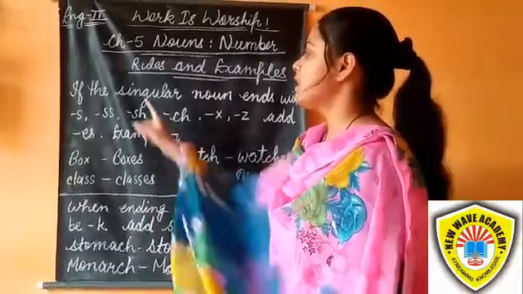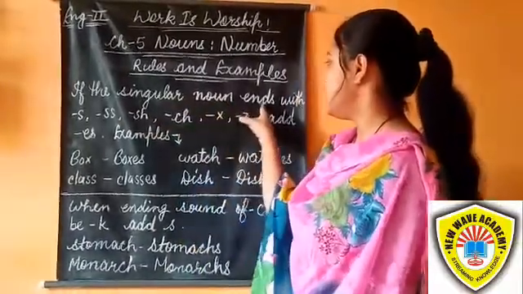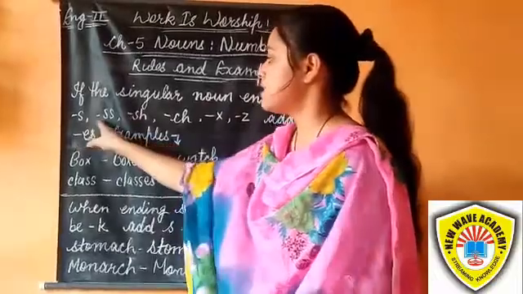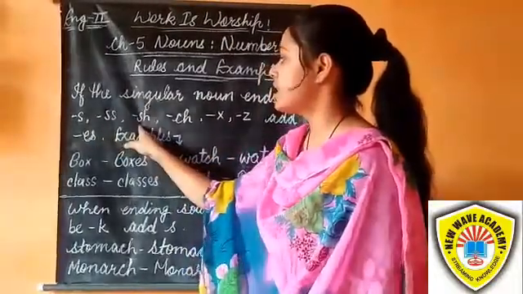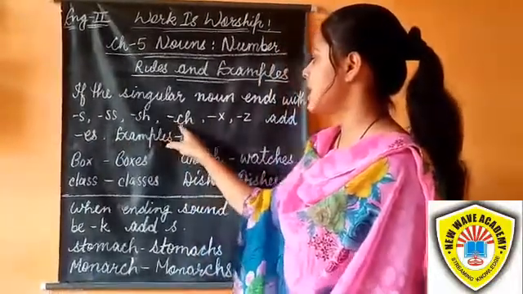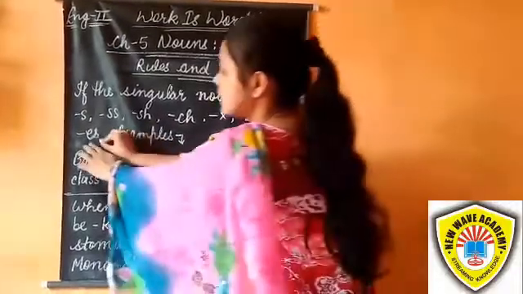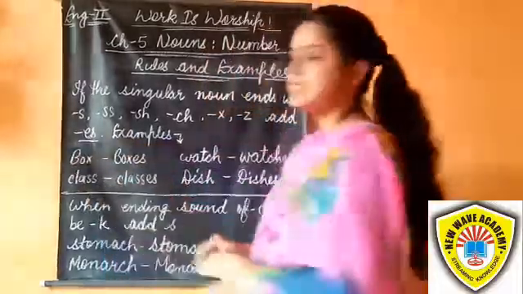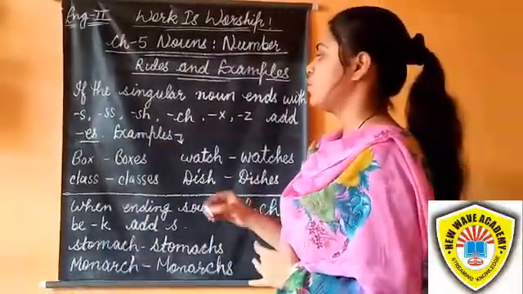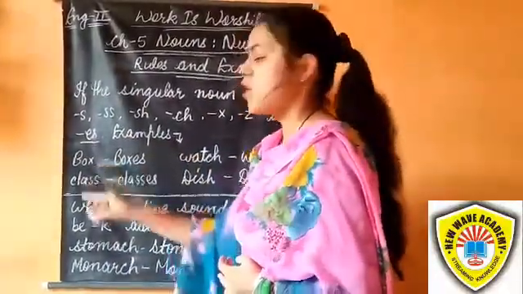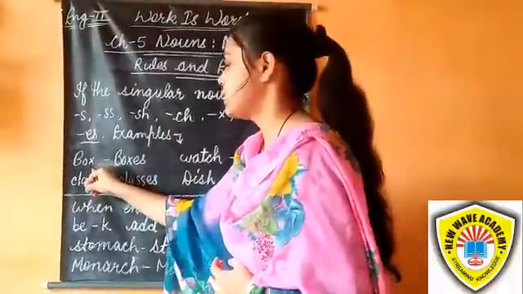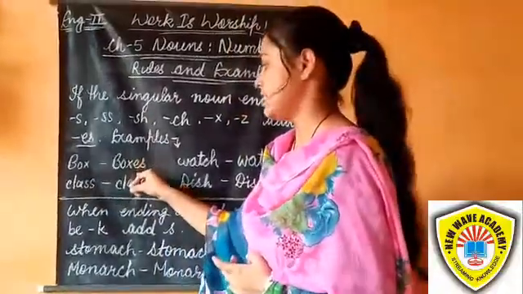So students, if the singular noun ends with s, double s, sh, ch, x, z, then we will add es to make the singular into a plural noun. For example, box. Box ends with x, so we will add es.